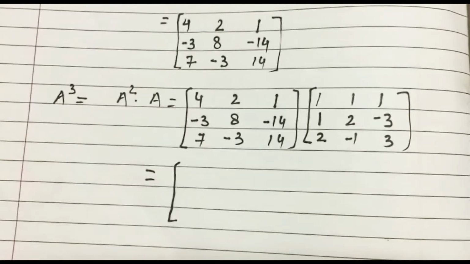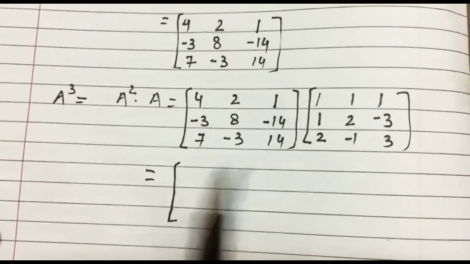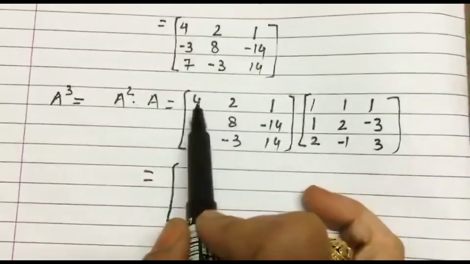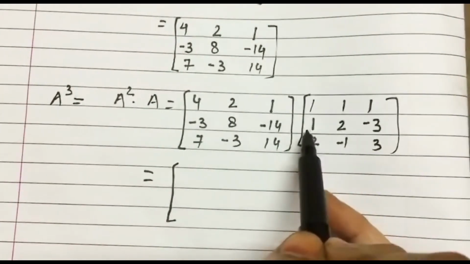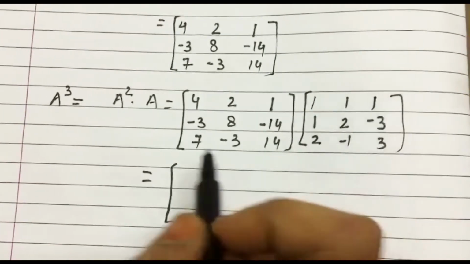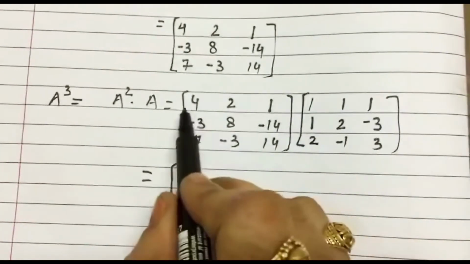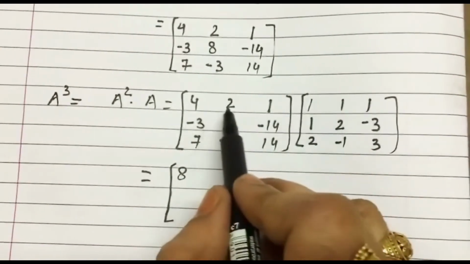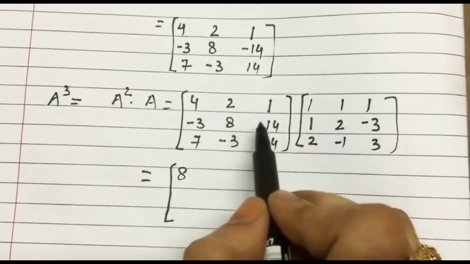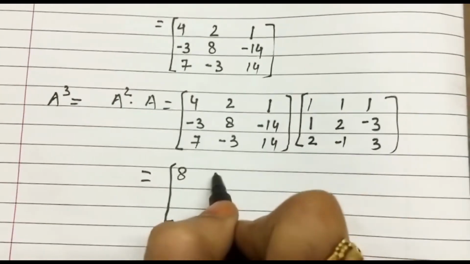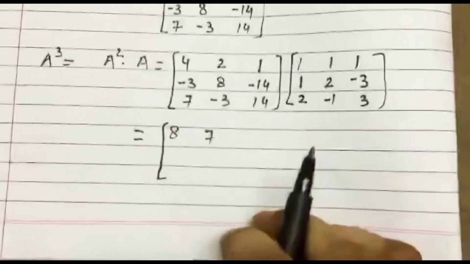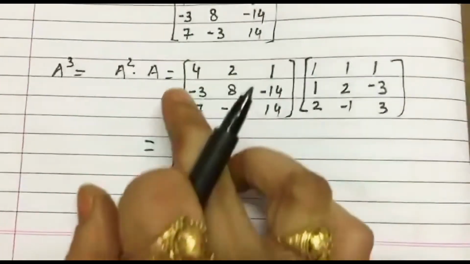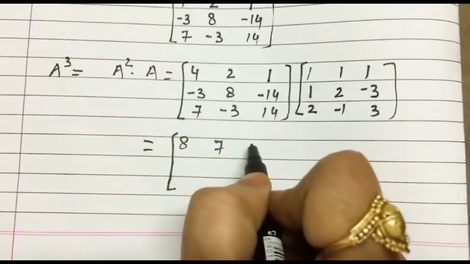Now multiply first row with first column: 4 into 1, plus 2 into 1, plus 1 into 2, it's 8. Same first row with the second column: 4 into 1, plus 2 into 2, plus 1 into minus 1, it's 7. And now same row with the third column and you will get 1.